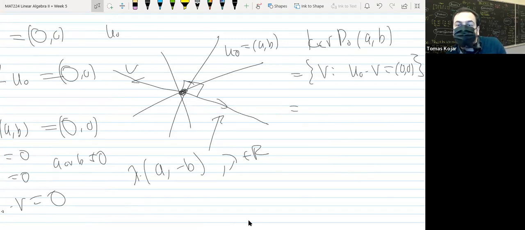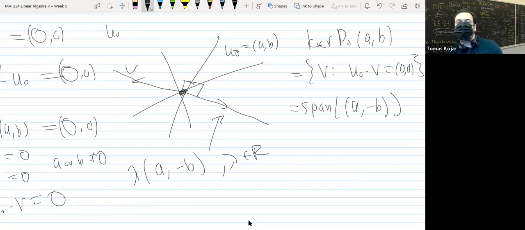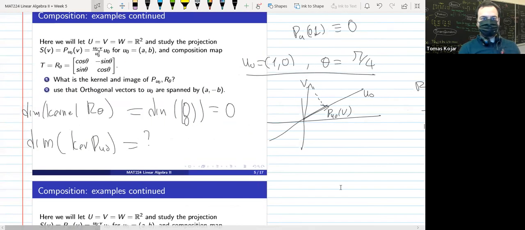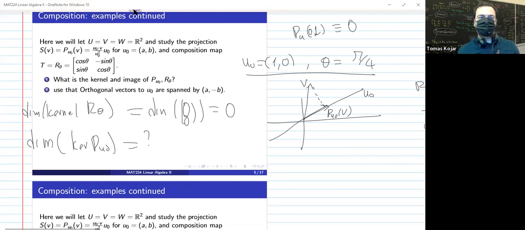And then this is just the span of (a, minus b), which is one dimension. All right. Moving on. So the answer is 1.